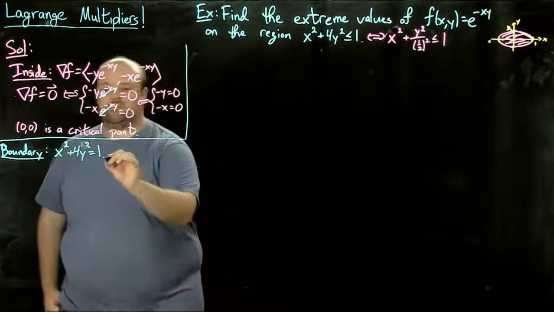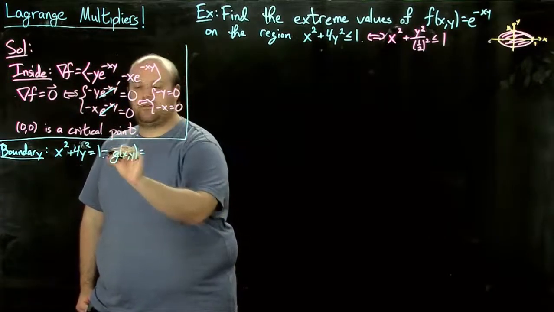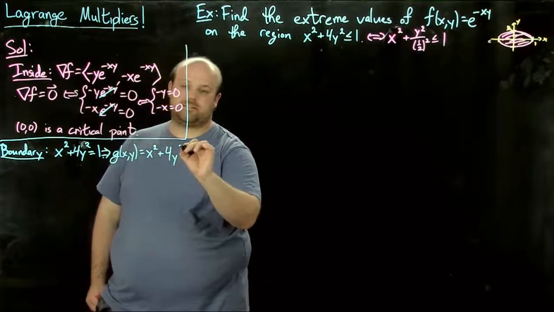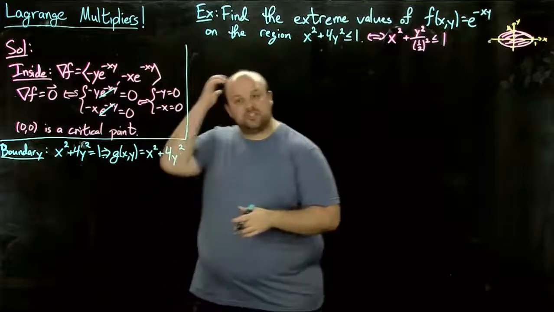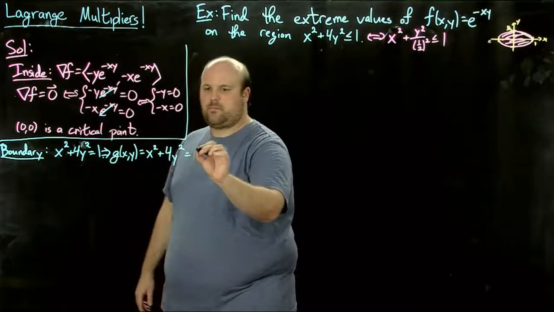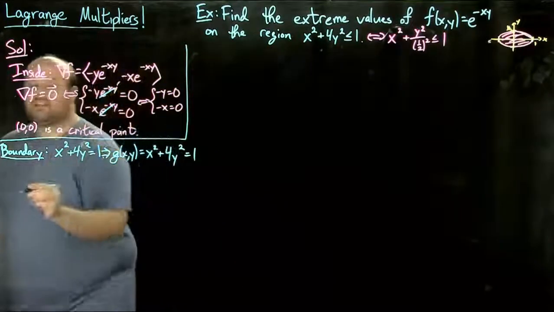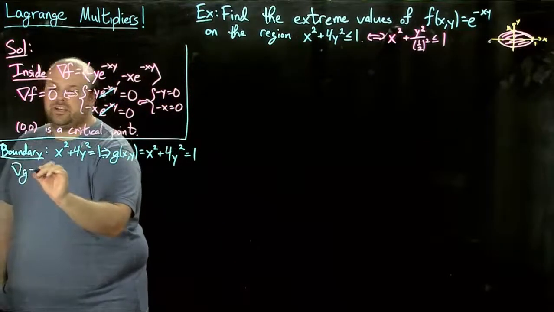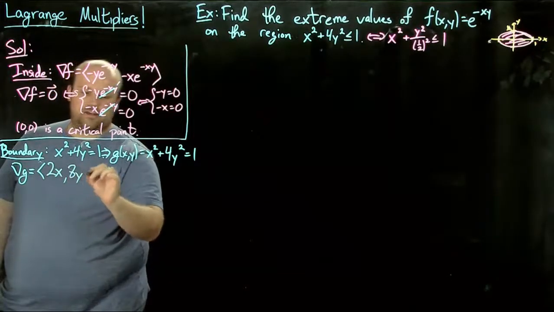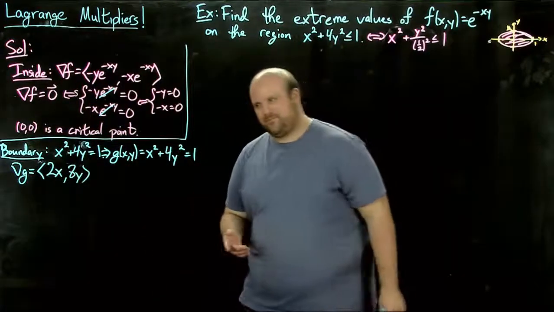So that means we should use g of x, y is x squared plus 4y squared, right? Because then g equals 1 is the boundary. Okay? So we already have the gradient of f, so the gradient of g is 2x in the x component and 8y in the y component.